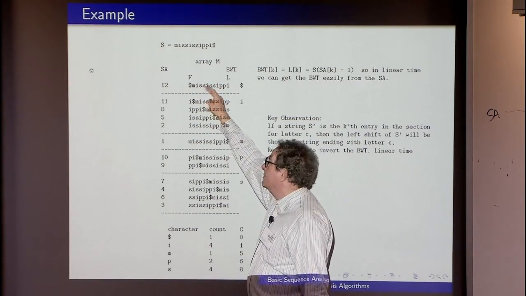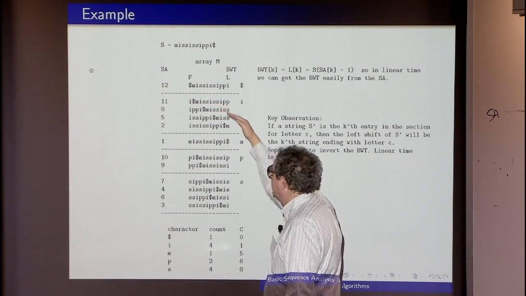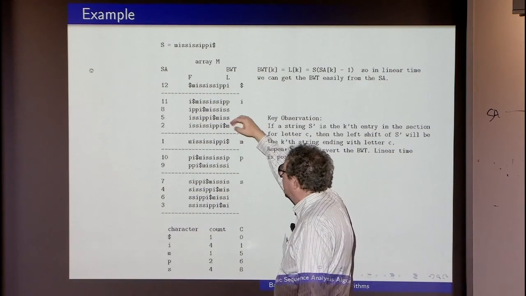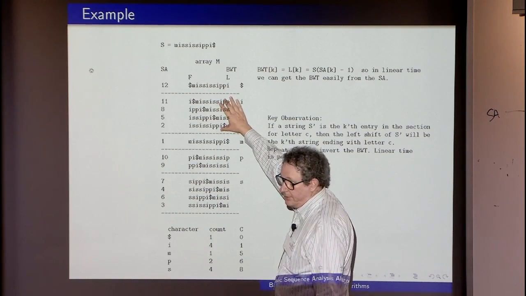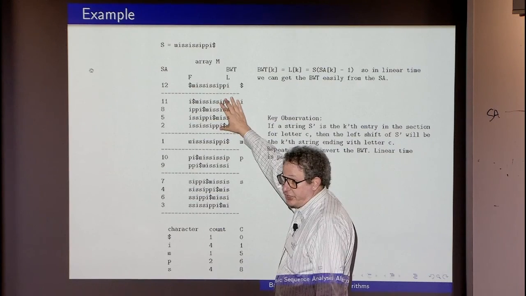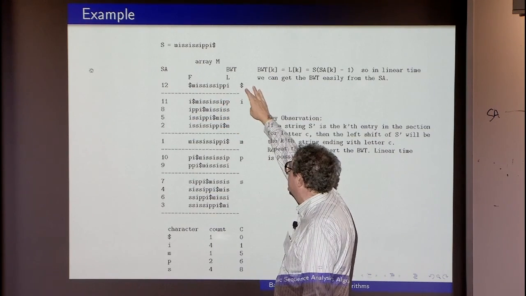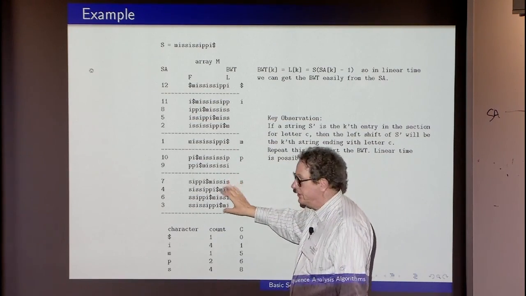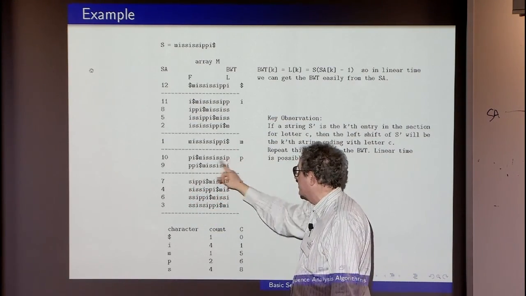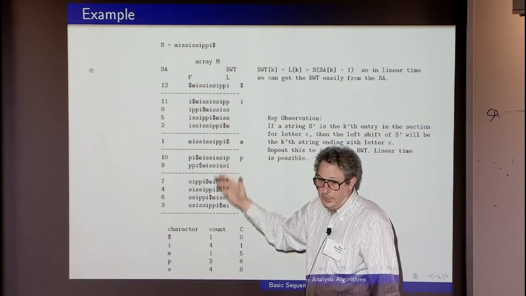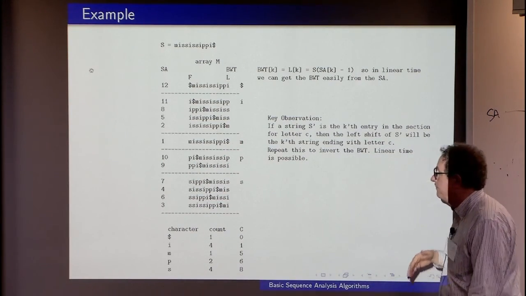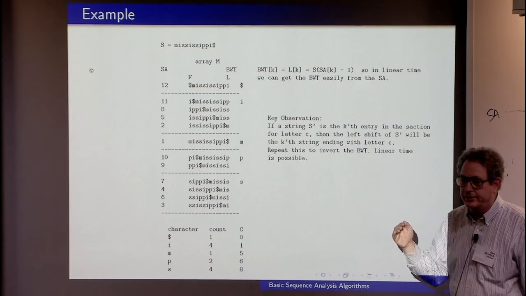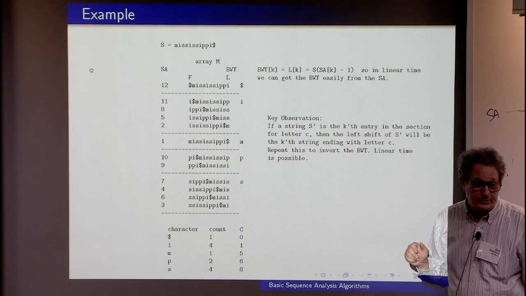Well, there's only one of them since that's a dollar sign. But the next lexicographically smallest character is I, and all of those rotations come together in one section. So this is the I section, this is the dollar sign section, this is the M section, P section, and S section. And you can see they all start with S, these all start with P, and so on. So the rotations divide into these sections. Everybody with me on that?